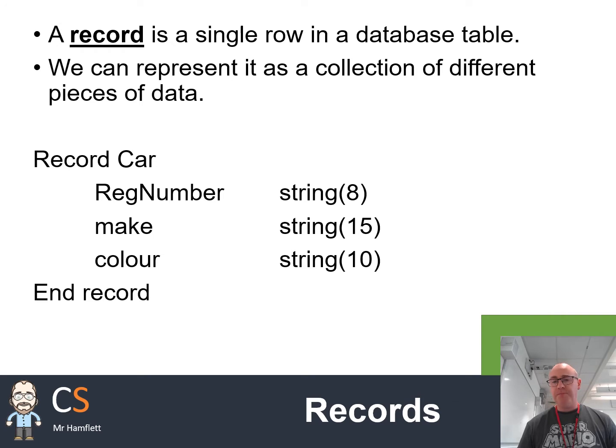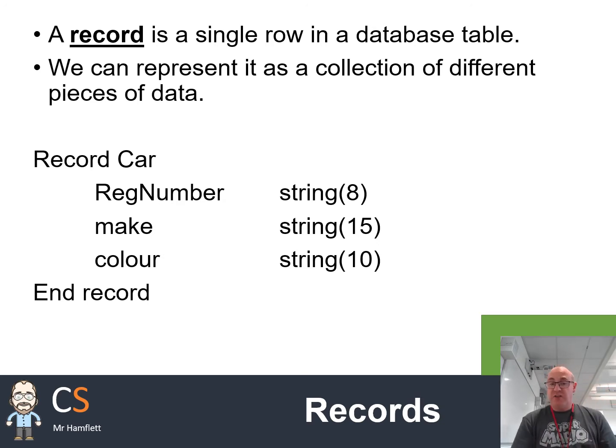So, when we are coding, sometimes we may want to code a database structure. A record is known as a single row in a database table, and we can represent it as a collection of different pieces of data. You do need to be aware of this idea of a record, and all you need to know is that a record can store more than one bit of related information.